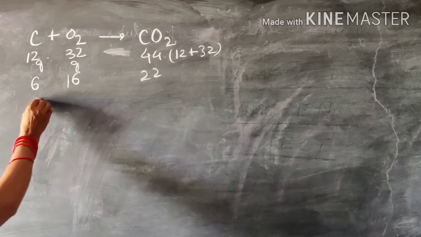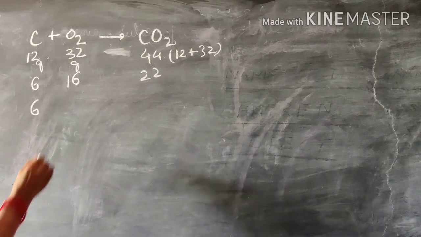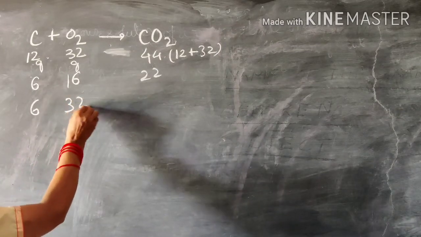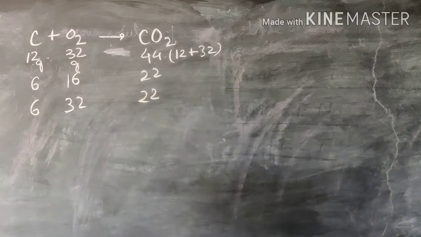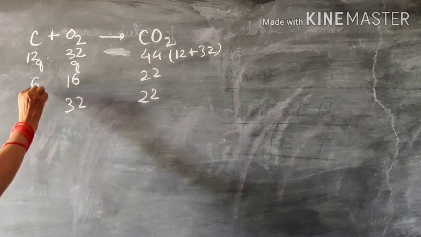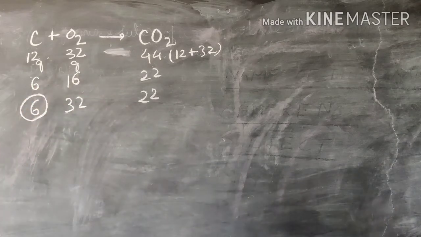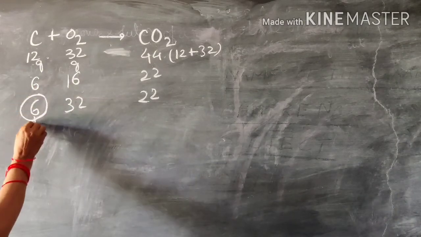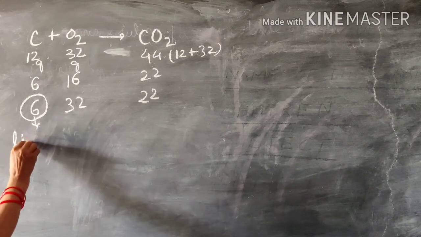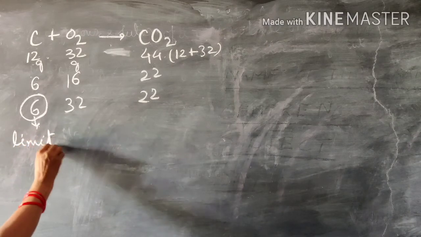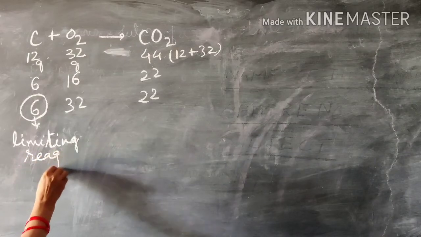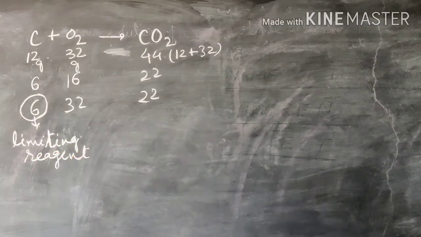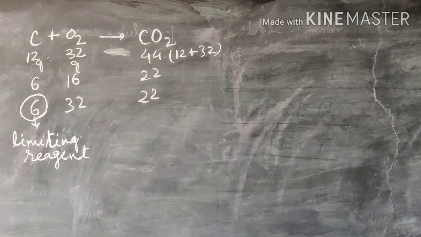Suppose we are taking 6 gram of carbon and 32 gram of oxygen, then also you will get 22 gram of carbon dioxide, because the 6 gram of carbon will be totally consumed. Now this carbon will become the limiting reagent, because it limits the amount of carbon dioxide.